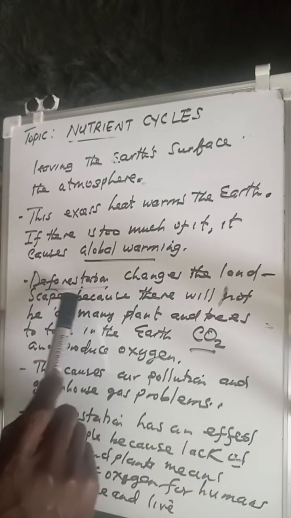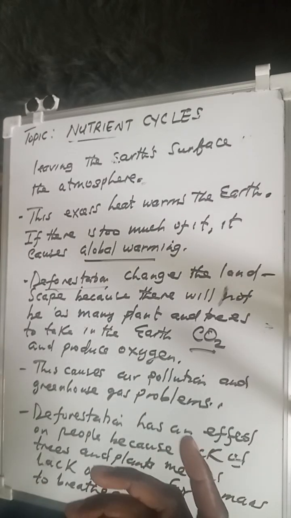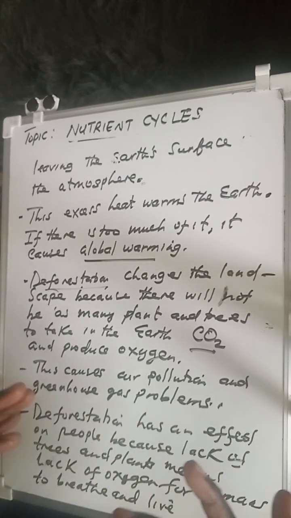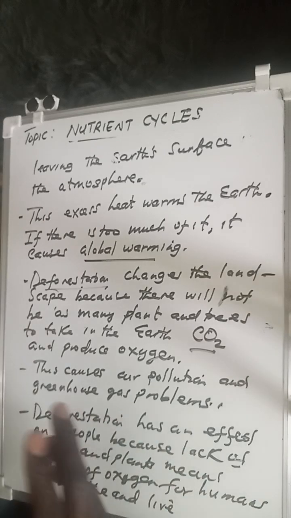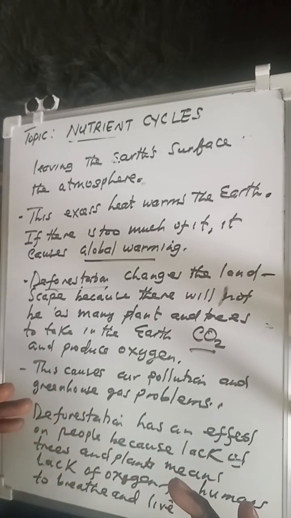Another effect of deforestation is that it changes the landscape, in the sense that there would not be as many plants to take in the carbon dioxide in the Earth's atmosphere. We need oxygen as animals, but when there's deforestation, plants cannot take in the carbon dioxide and give us the oxygen we need.